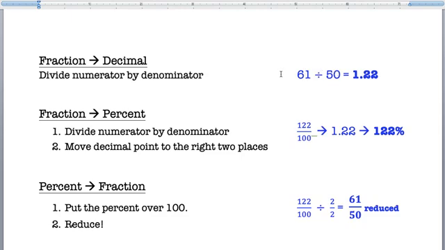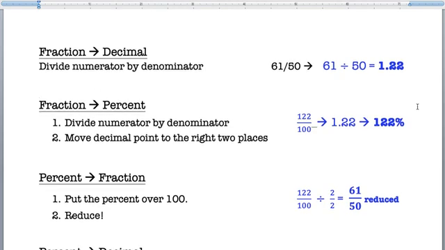So 61/50ths would just be 61 divided by 50 to get to that answer as a decimal. To move from a fraction to a percent, you would divide the numerator by the denominator. But remember, for percent, you need to move it over 2 decimal places.